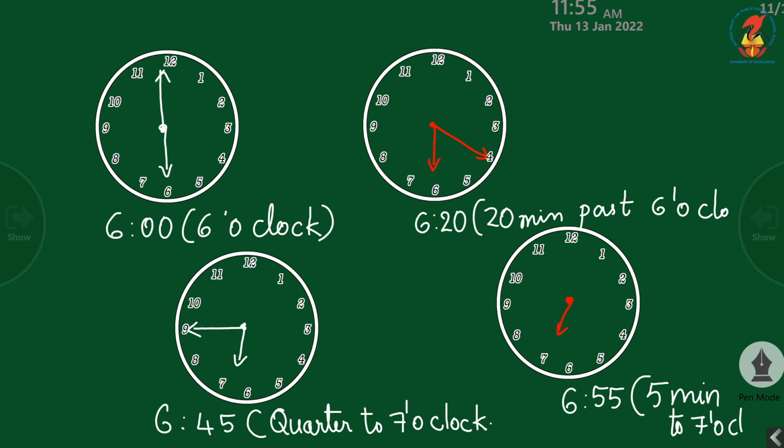The hour hand has not reached 7, so it is between 6 and 7. It needs 5 more minutes to reach 7 o'clock. So we can draw it like this.